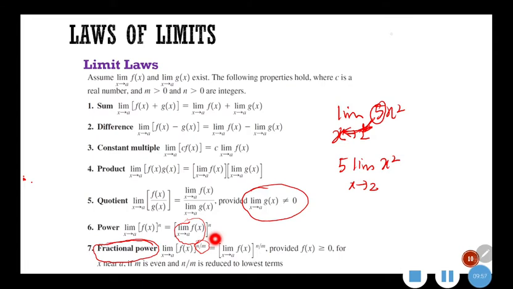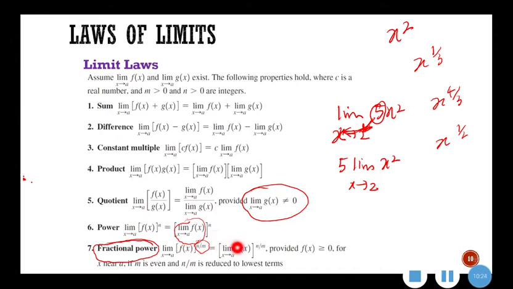Like x to the power of 2, that is a power or polynomial. But if let's say x to the power of 1 over 3, 4 over 3, 1 over 2, and so on, as long as it is in terms of a fraction, then we call it a fractional power.